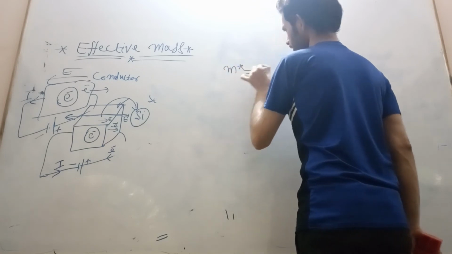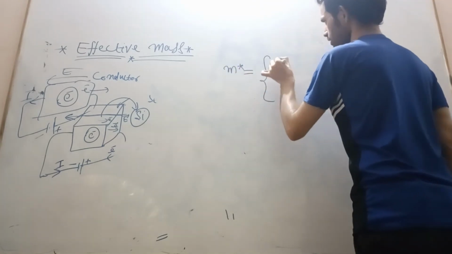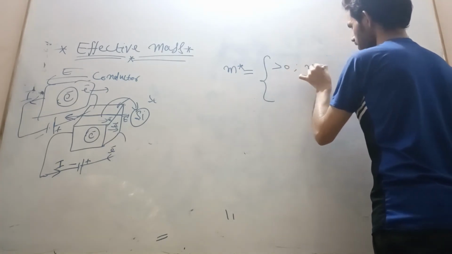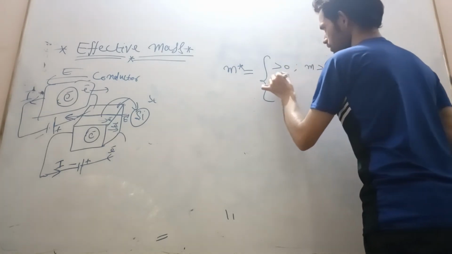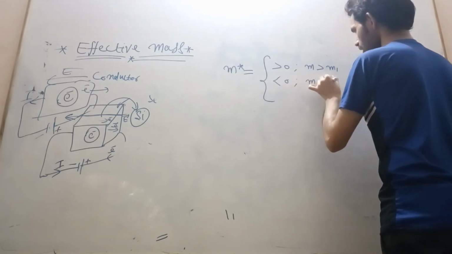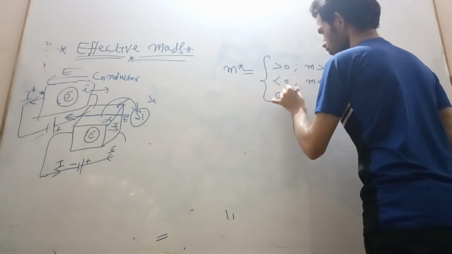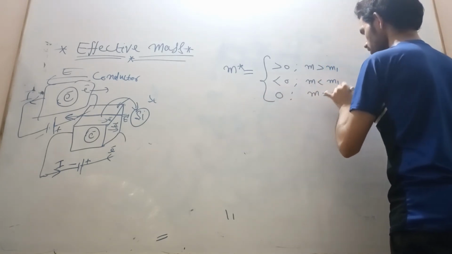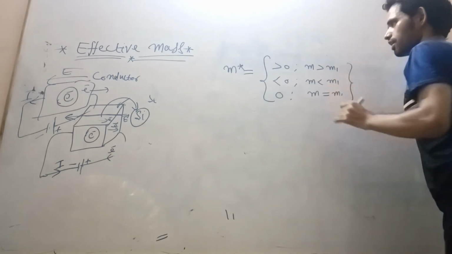Effective mass is positive, greater than 0, when m is greater than m1. It can be negative when m is less than m1, and it can be 0 when m is equal to m1. So this is what effective mass is.